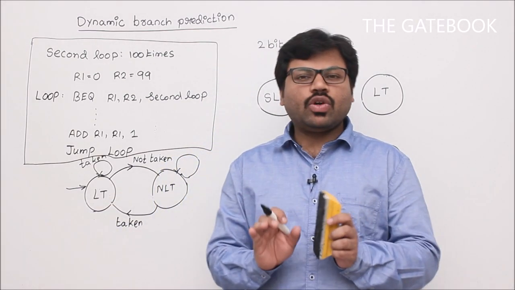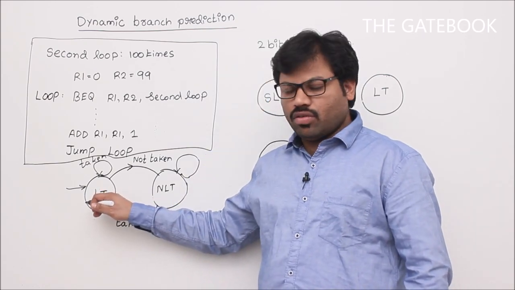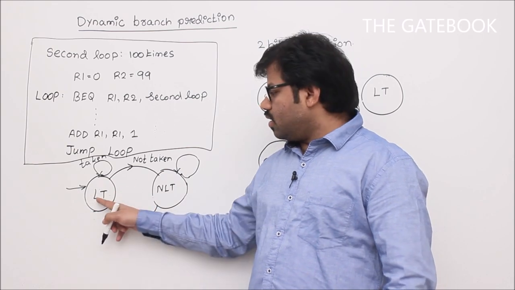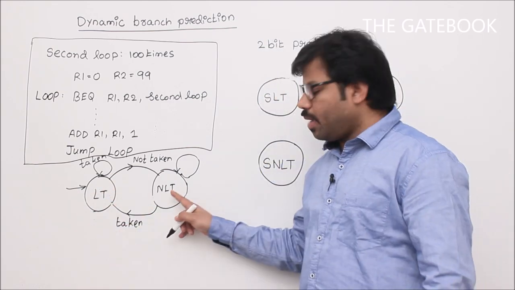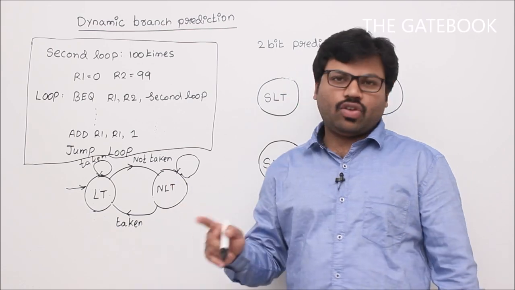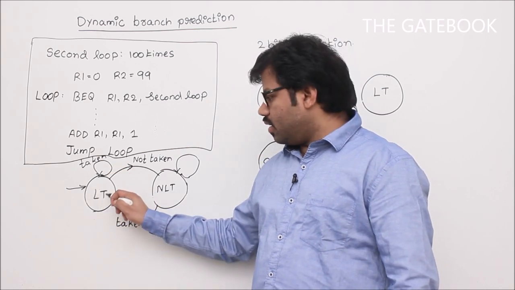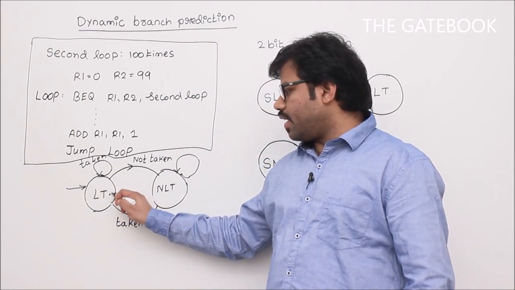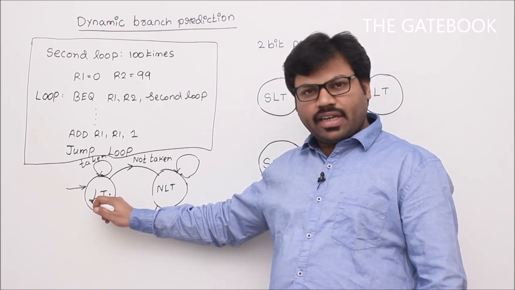Here the pipeline is going to have two behaviors. Sometimes the pipeline guesses that the branch is likely to be taken. Sometimes the pipeline guesses that the branch is not likely to be taken. Initially, let's say the pipeline is in this state. That means the pipeline is thinking that this time if the branch is executed, the target address will be taken.